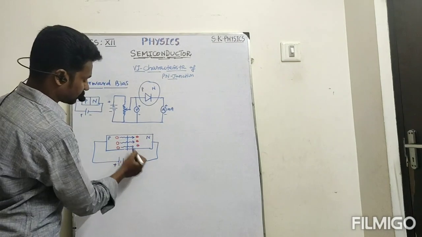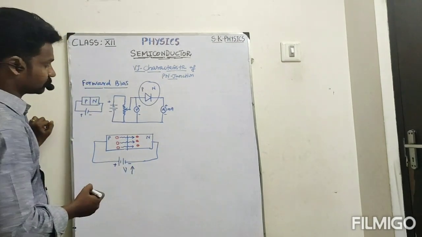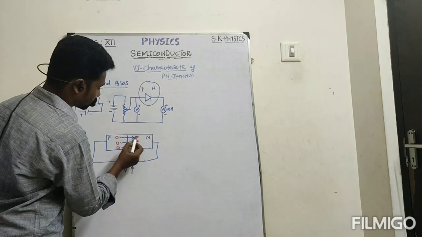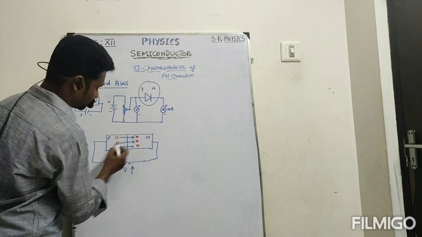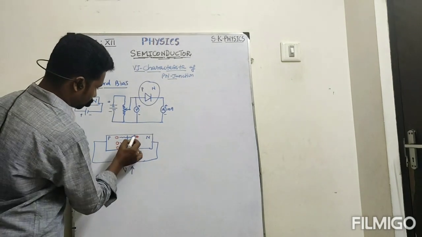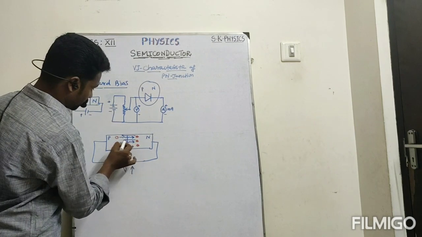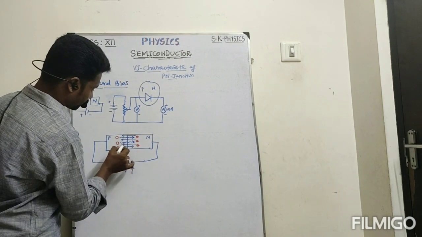Like that, the electrons are repelled by the negative terminal of the battery, so these electrons move towards the P side.